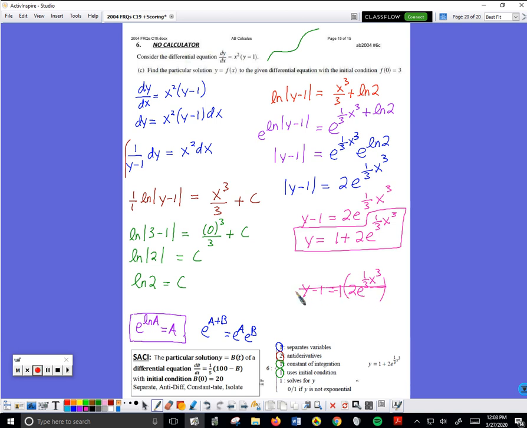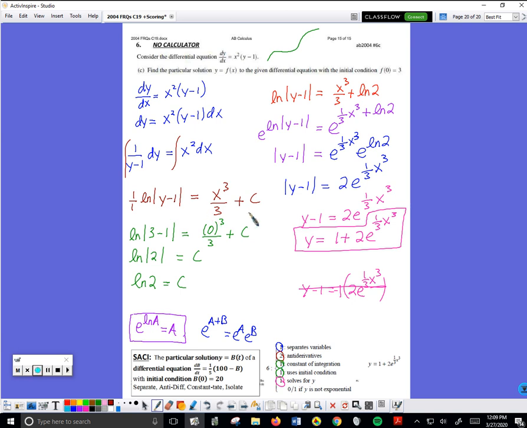So cross that out. So summarizing again, if you get the blue right here, you don't need that antiderivative sign. I should have had one on both sides. If you get to here without the antiderivative sign, that's 1 point. If you get this line, both sides correct, that's 2 more points.